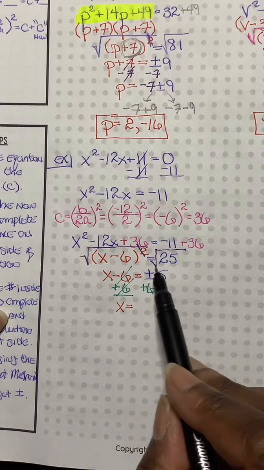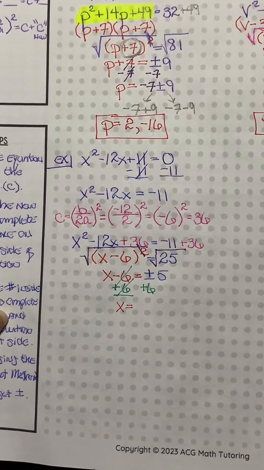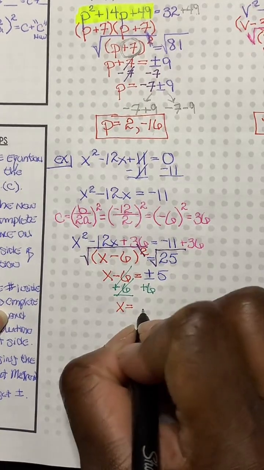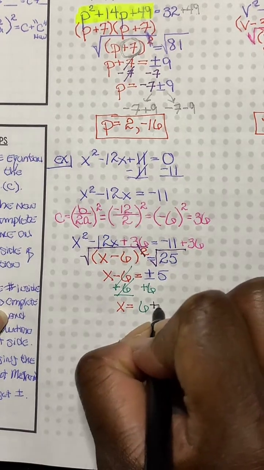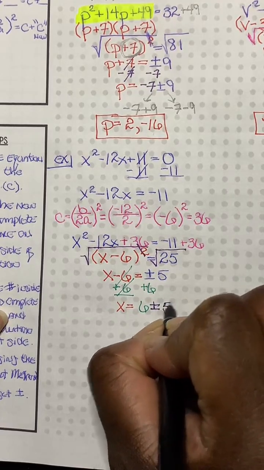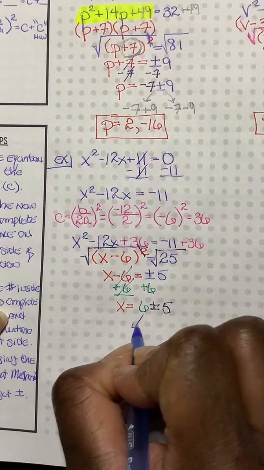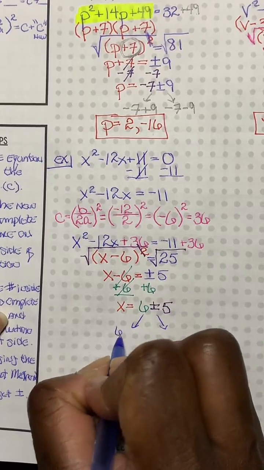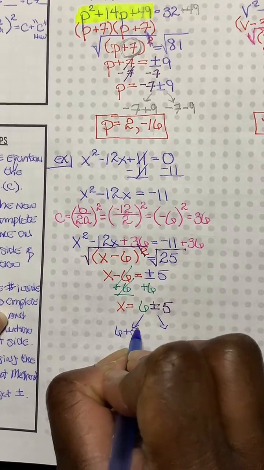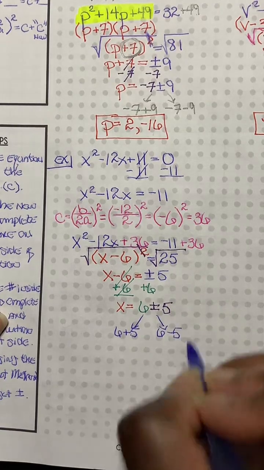Remember, this is actually representing two numbers. So the 6 that we just found is going to be on the outside, and then what comes down is our plus or minus 5. So we're going to have two solutions. One solution is going to deal with 6 plus 5, and the other one's going to deal with 6 minus 5.